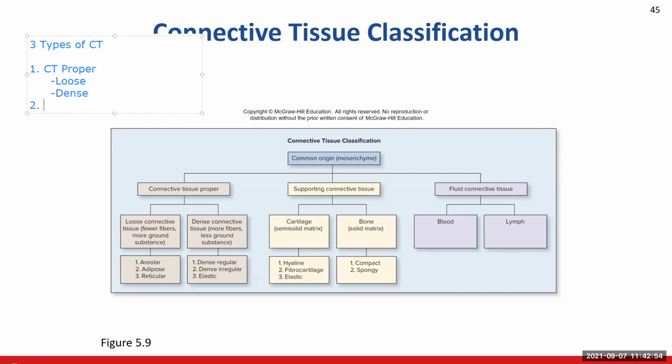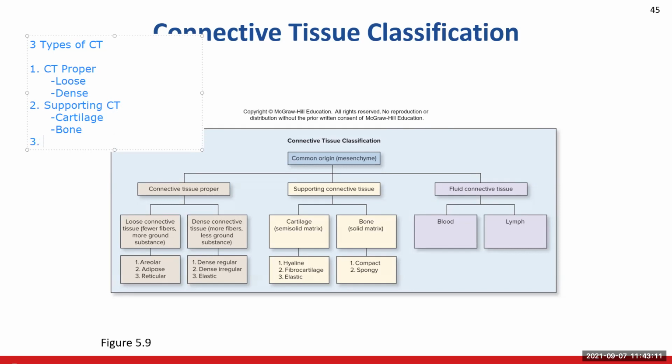Our second type is going to be supporting connective tissue, and that has both cartilage and bone.